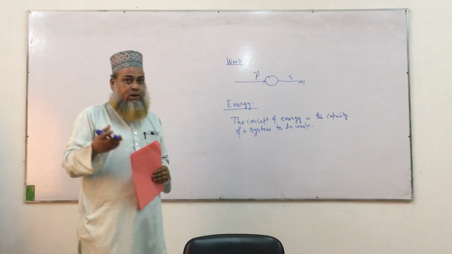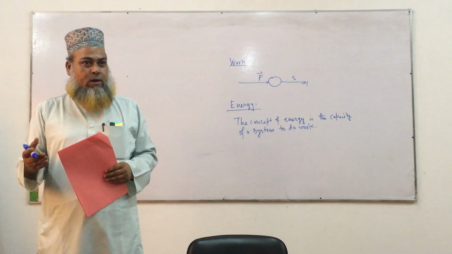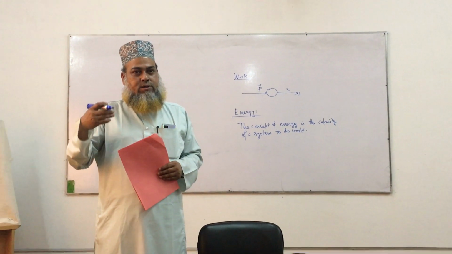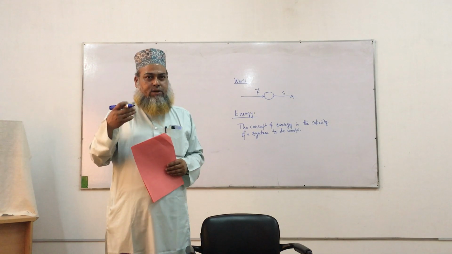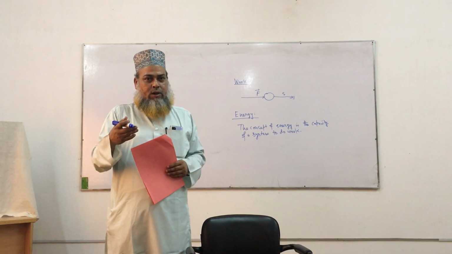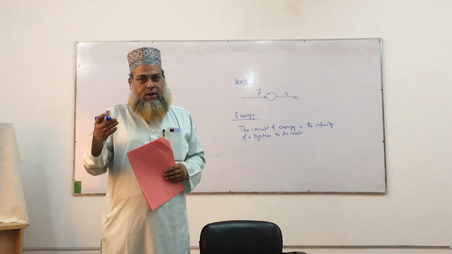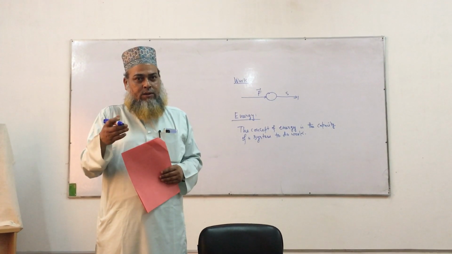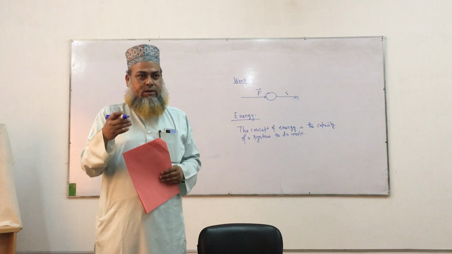So energy is the capacity to do work. Work is something, and upon work, energy is defined. If some instrument can do work, then we say that that thing has energy.